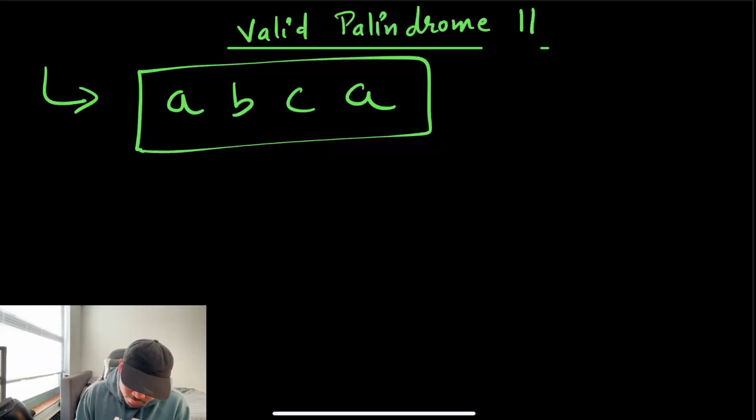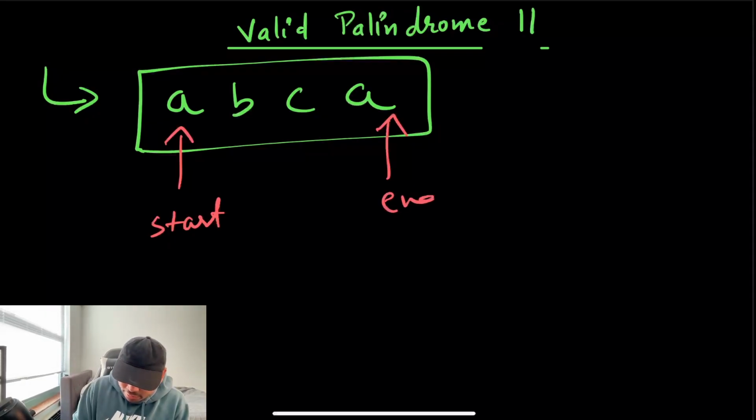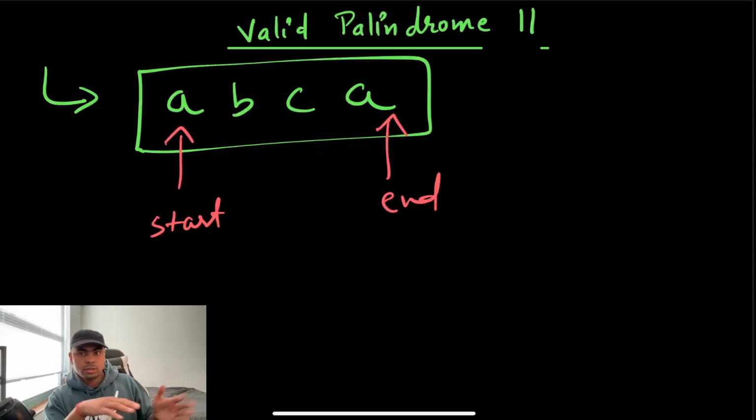What we need to do is we're going to have two pointers, start and end, and do the palindrome check, moving the pointers towards each other and checking if they are matching or not. But since we have this freedom to delete one character and still check if the remaining string is a palindrome, that will be utilized.